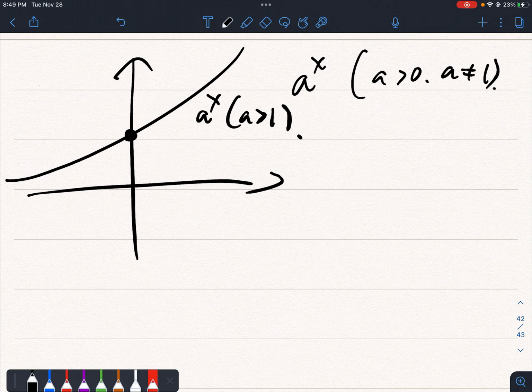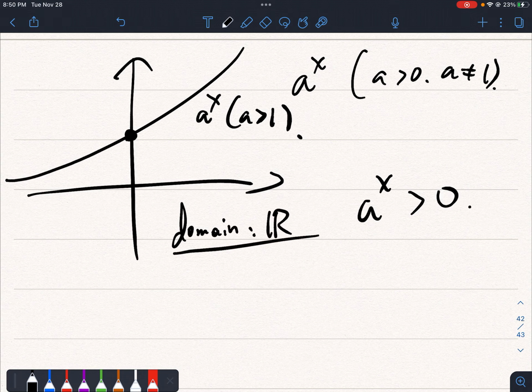It's kind of an exponential function, okay? Then it has to pass the point (0, 1). And it's clearly defined everywhere on the real numbers, but the values must be bigger than 0. The domain is R, right? It's defined for all real numbers.